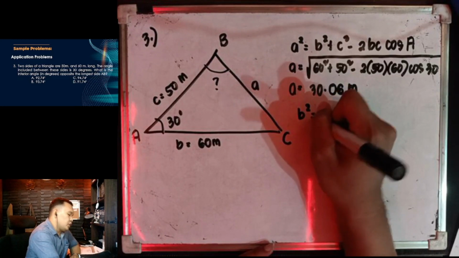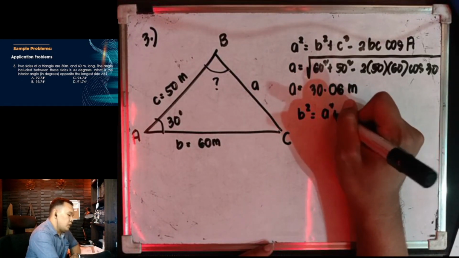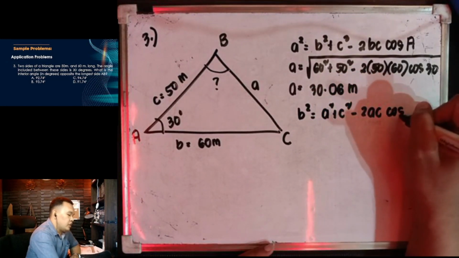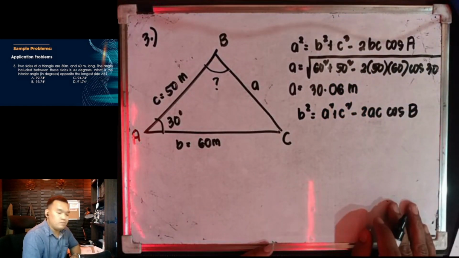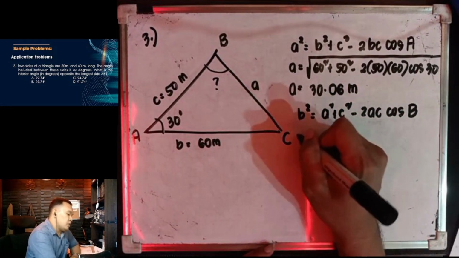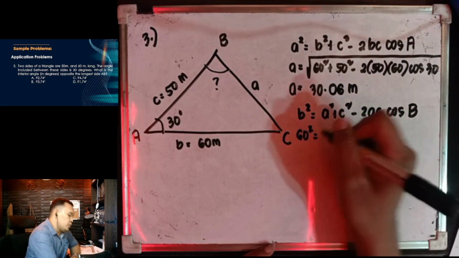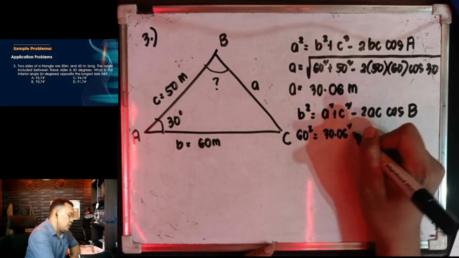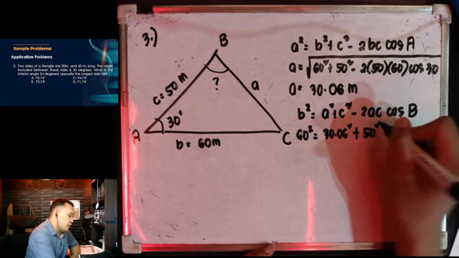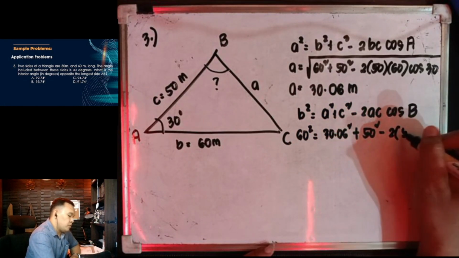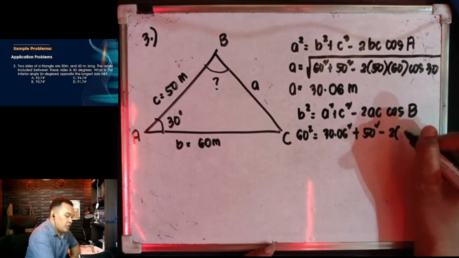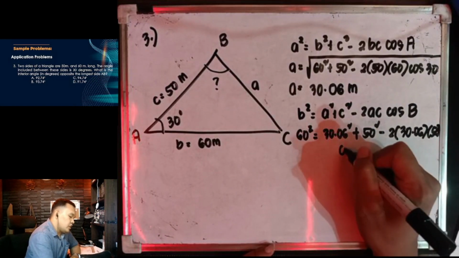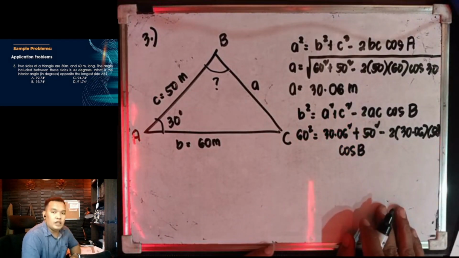B squared is equivalent kay A squared plus C squared minus 2AC cosine B. We know that 60 squared is equivalent kay A, which is 30.06 squared plus 50 squared minus 2 times 30.06 times 50 cosine B. Then, shift solve.